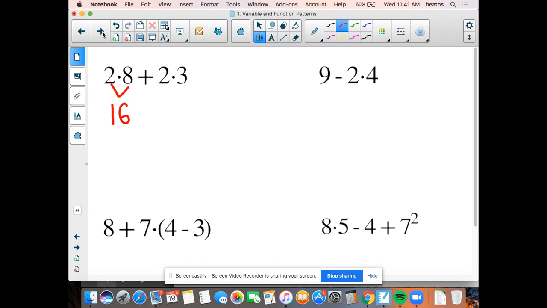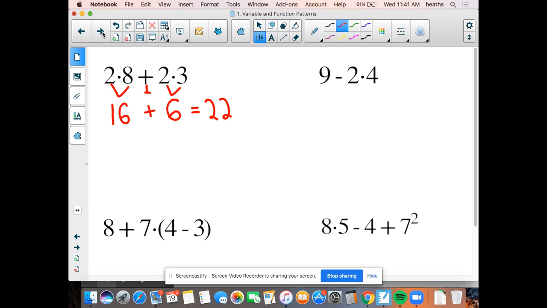It's 2 times 3. So 2 times 3 would be 6. And then let's not forget about our addition that's up here. We're going to drop that down. So we completed our multiplication first. Now we're going to add 16 plus 6, which gives us 22. Pretty simple. Now these will get a little bit more tricky as time goes on, but that's a good problem to get us started with.